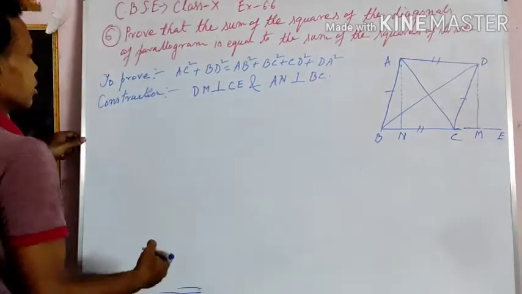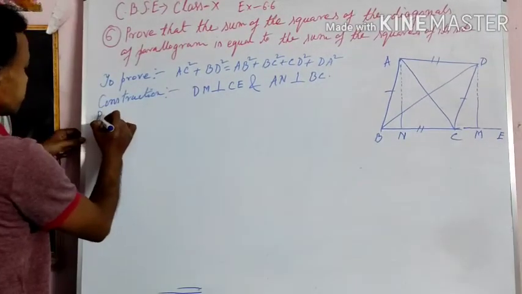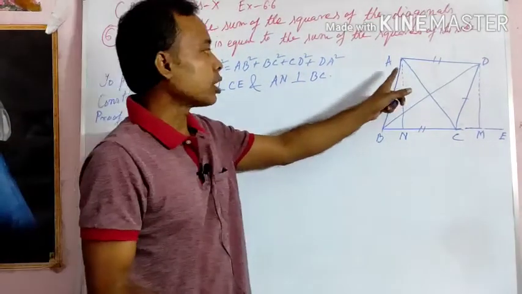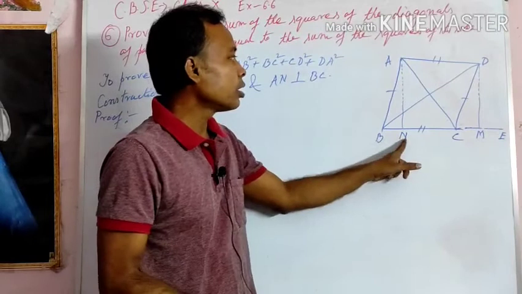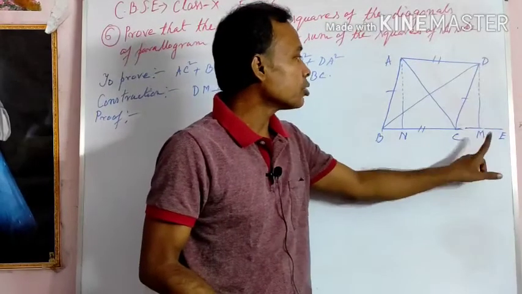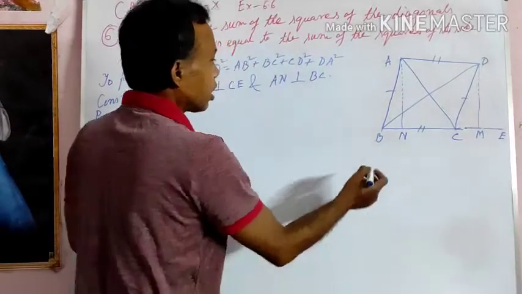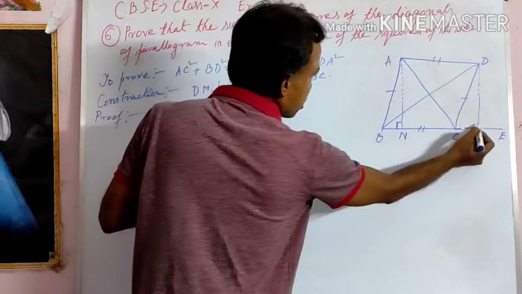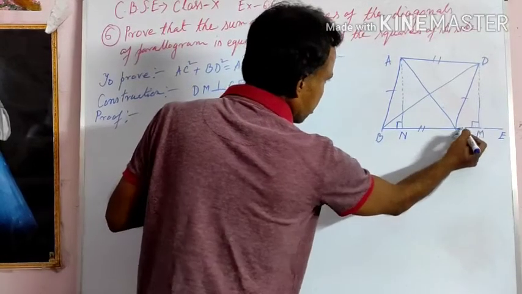Now the proof. Let us take two triangles, triangle ABN and another triangle DCM. Both are right angle triangles, with the right angle at the point N in one and at the point M in the other.